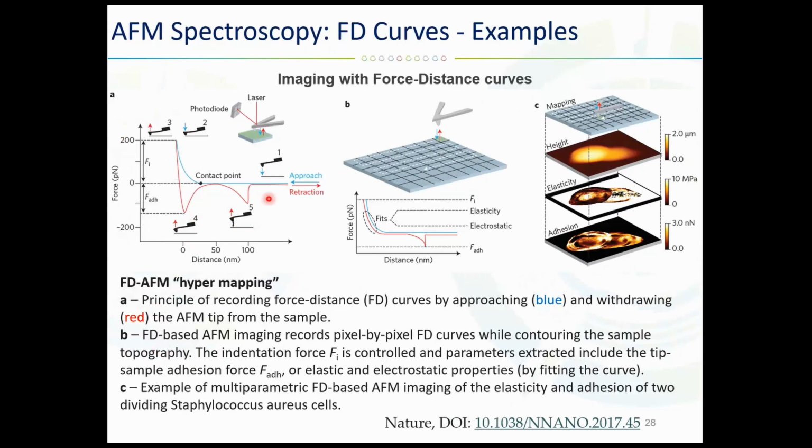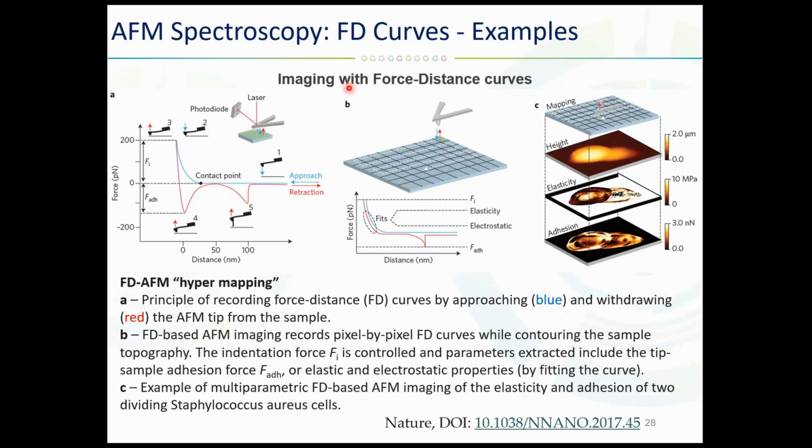On the left-hand side, you can see the retraction force distance curves are following the adhesion forces. And that's how we are able to characterize quite reliably the properties of the sample, just by precisely controlling the interaction between the tip and the sample.